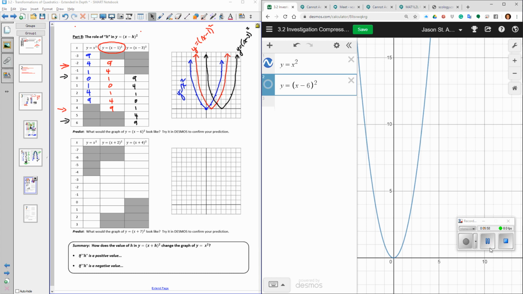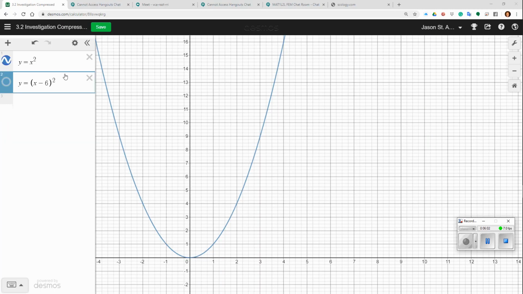If you guessed that the graph of (x minus 6) squared moved to the right 6 units, then you are correct. It's an identical graph. It's just translated to the right 6 units.